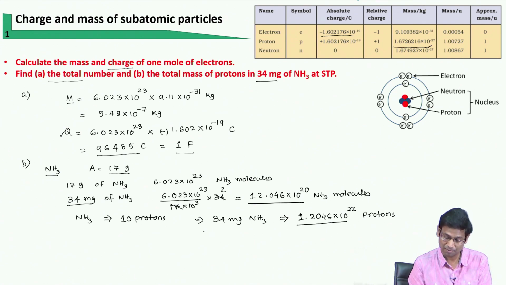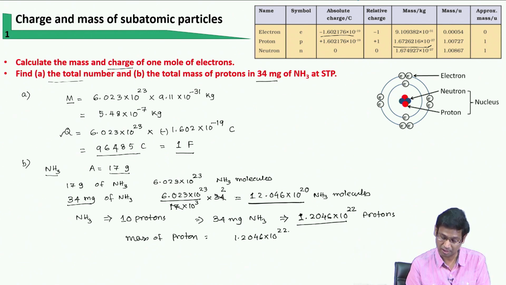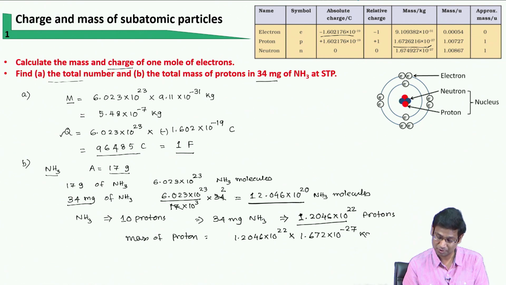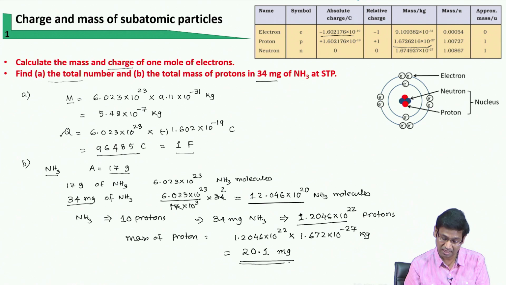So, the total mass of protons in this sample: you would have 1.2046 × 10^22 protons, multiply that with 1.672 × 10^-27 kilograms, and if you solve this, you will get about 20.1 milligram. So, you see that in 34 milligram of ammonia, we have 20.1 milligram of protons.